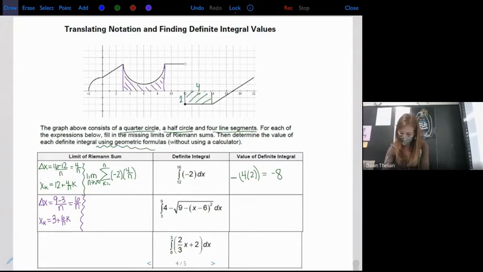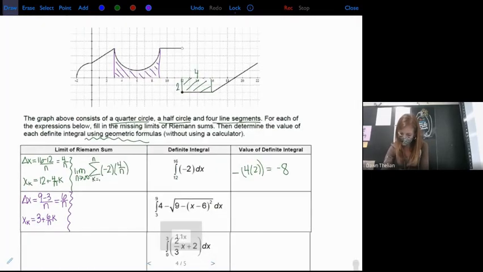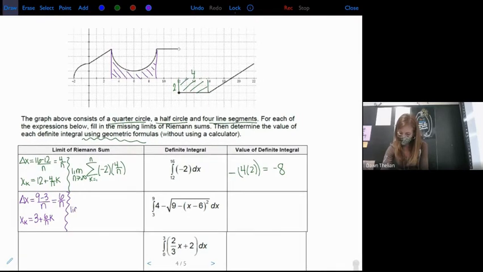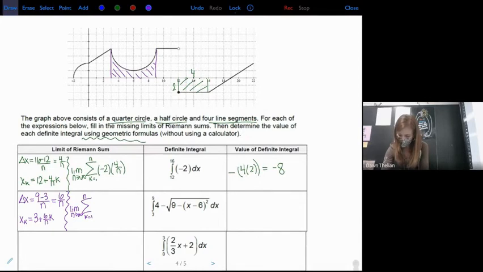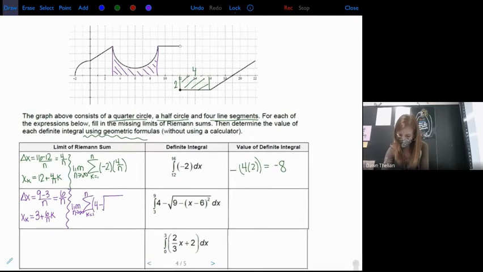So the limit as n goes to infinity, whoops, sorry about that, always stays the same, of the summation from 1 to n. And now this one's going to be a little tricky to plug in. It's going to be a little bit long here. So I've got 4 minus square root of 9 minus, and then in parentheses here, instead of the x, I got to squeeze the 3 plus 6 over n k, and then finish out that that's minus 6 squared.